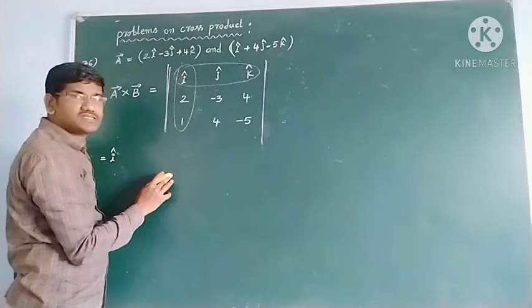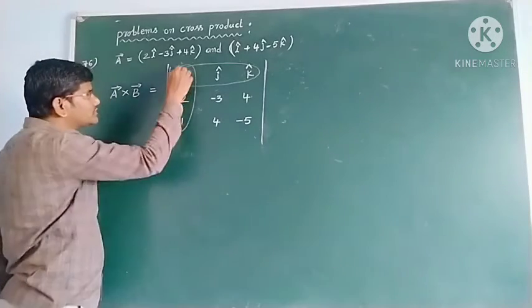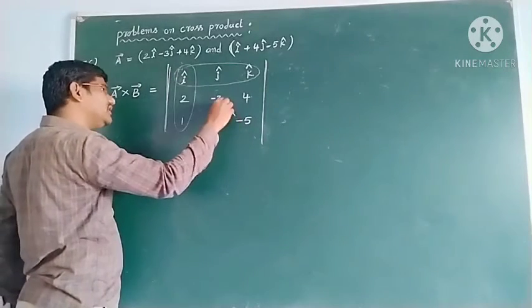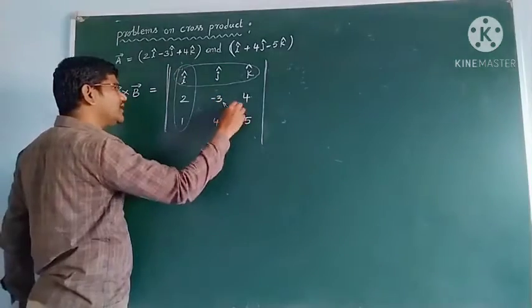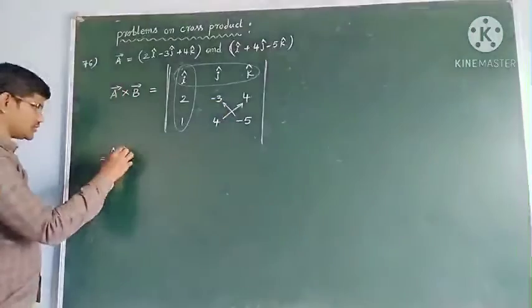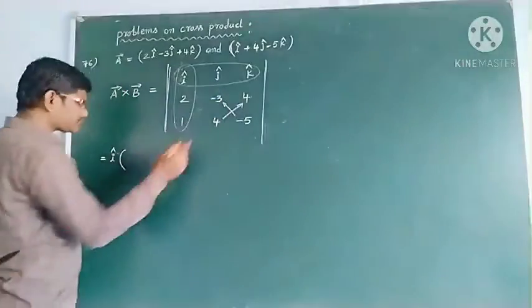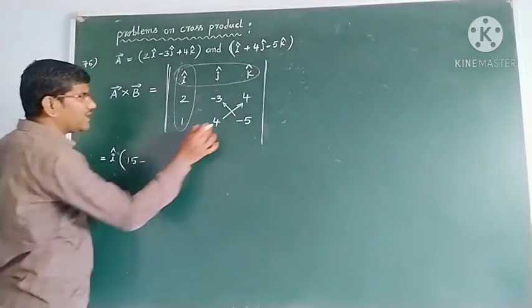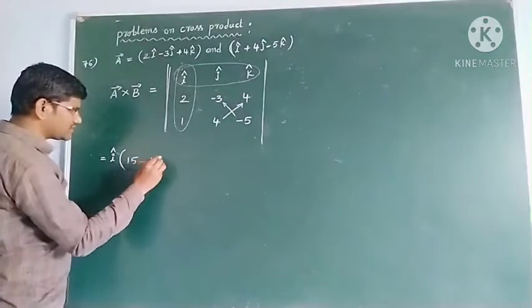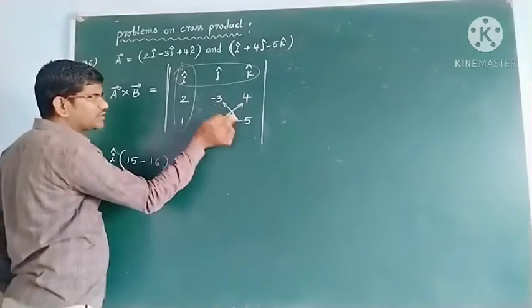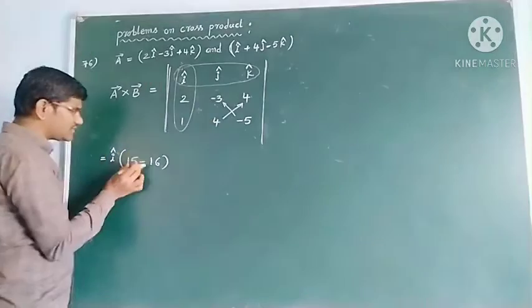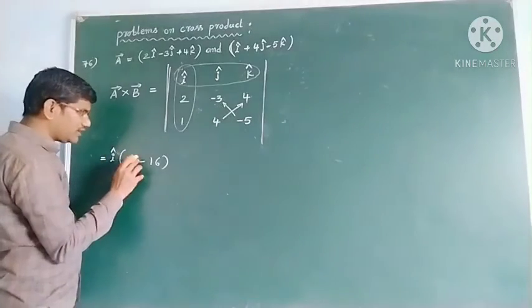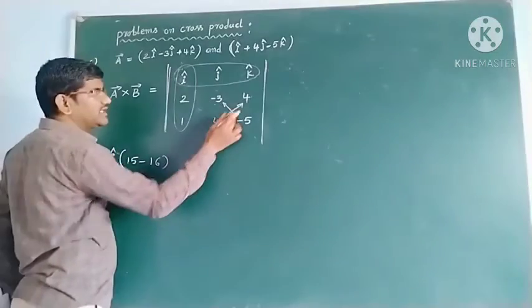While finding this determinant, close the i row and column, take the product of these two and take the product of these two. So i cap into, so 15 minus 4 4s are 16. So the product of these two, 3 into 5 is 15, and immediately we have to write minus, then the product of these two.